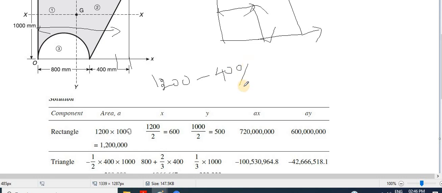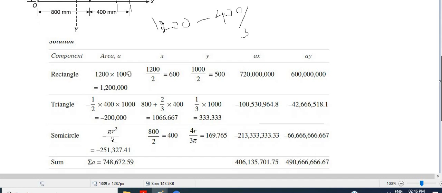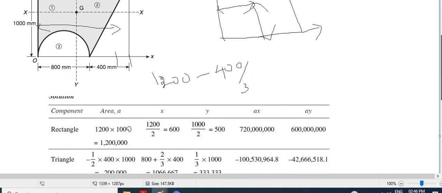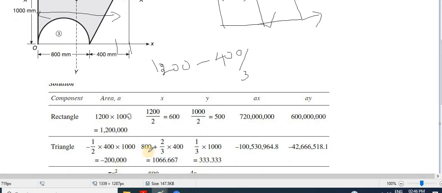Or otherwise 800 plus 2h by 3. Both give the same answer. You can write either 1200 minus b by 3 or 800 plus 2h by 3. That's what they have put here.